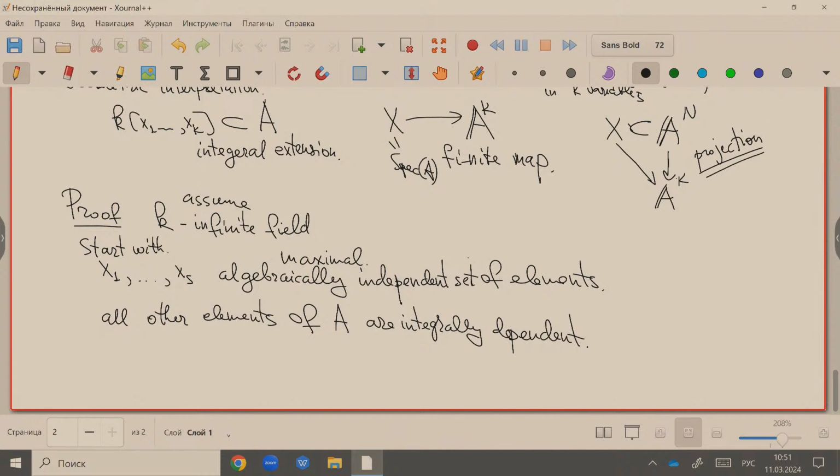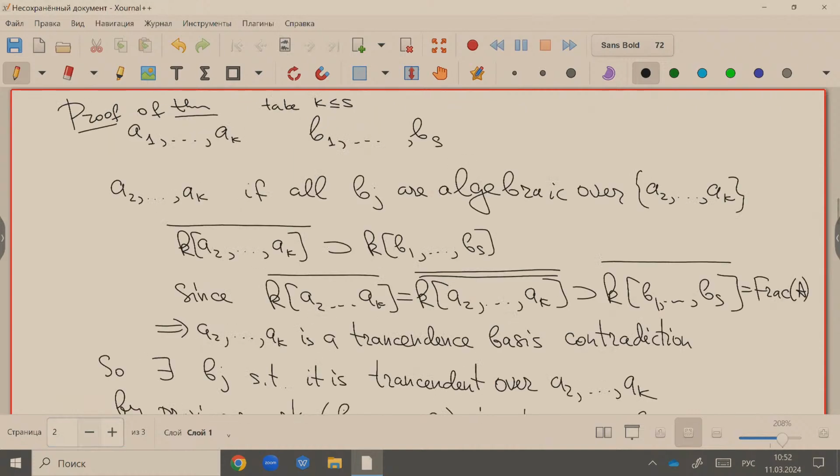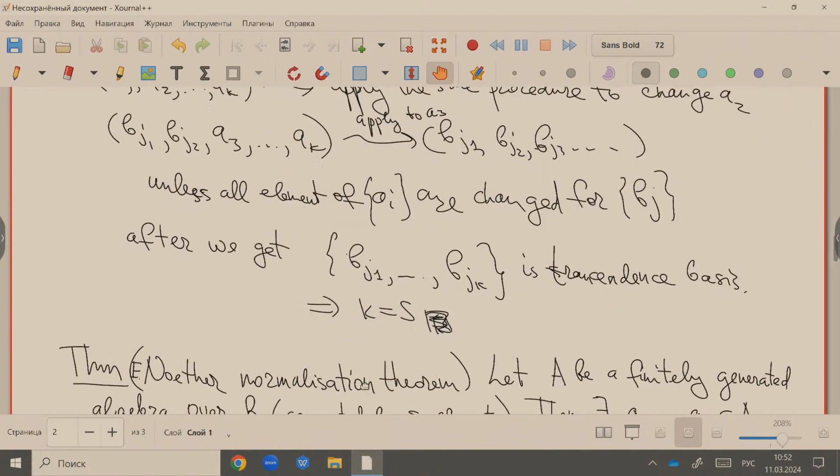Then suppose you have constructed already x1, ..., xk, the elements such that all other elements of A are integral over them.